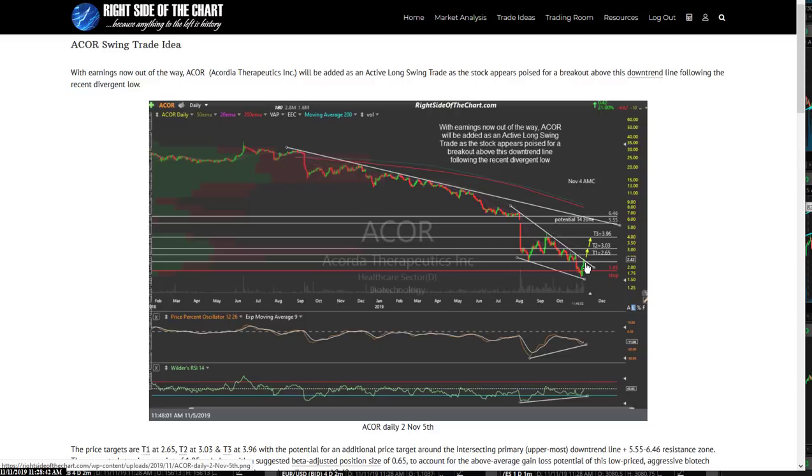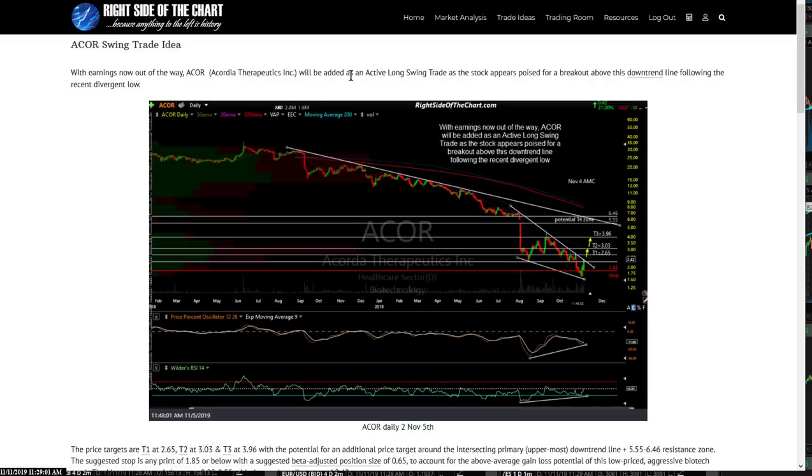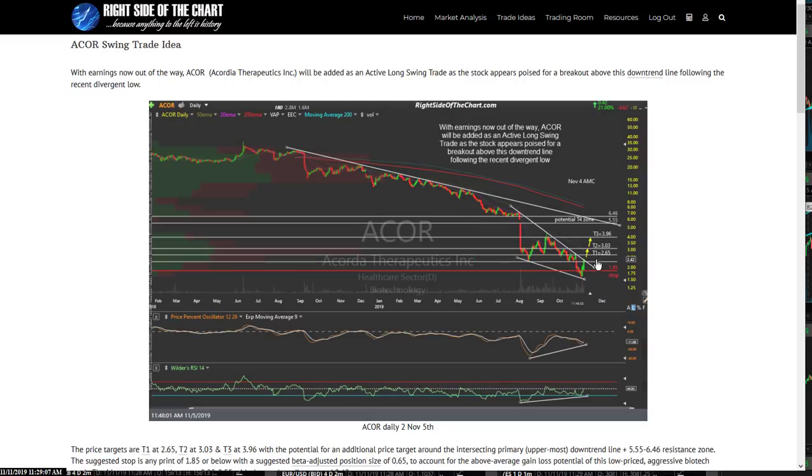So that stock has to move to 243 or higher to trigger an entry, or break out above a downtrend line, whatever it is. And in some cases, if I come across a stock that had just reported earnings and looked like a breakout was likely and imminent, and it was starting to crack above the trend line, I'll go ahead and add it as an active swing trade at that point in time. It's still a setup, still offers plenty of room, it would still offer an objective entry.